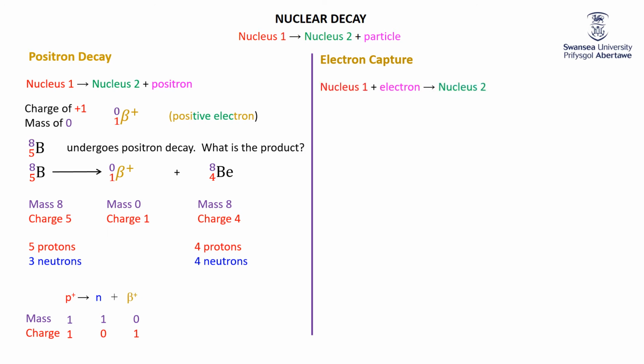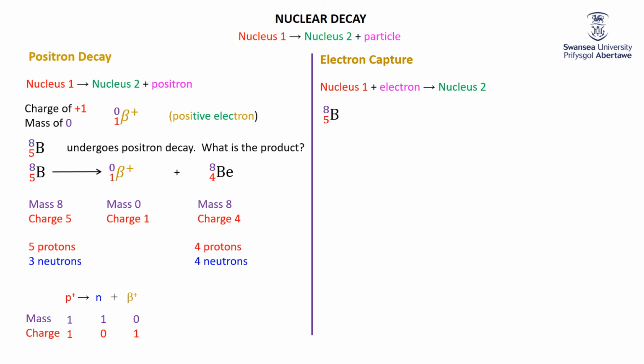This is one in which that unstable nucleus just reaches out into its 1s orbital, or the low-lying electron orbitals, grabs itself an electron and turns into a second nucleus. The unstable nucleus doesn't need any help, just grabs one of its own electrons, turns into nucleus 2. So you can see this is the opposite of beta decay. Nucleus 2 kicks out a beta particle, an electron, leaving nucleus 1.